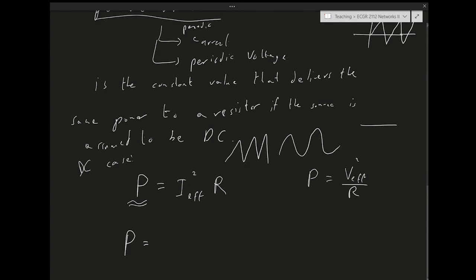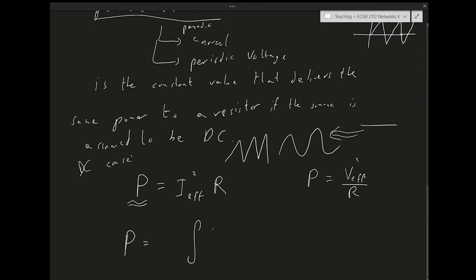So let me write what the average power is. The average power for any periodic waveform applied to a resistor, whether it's voltage or current. Let's take the case of the current. What's the average power?